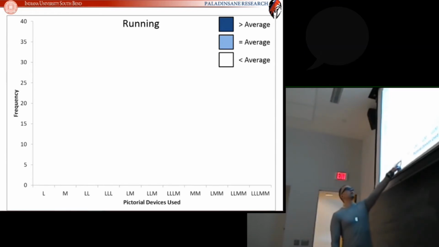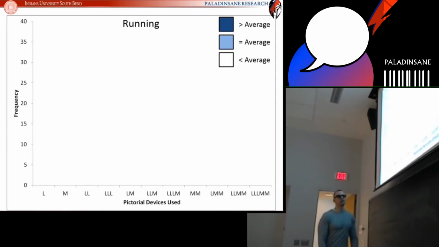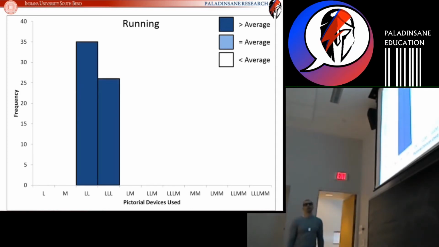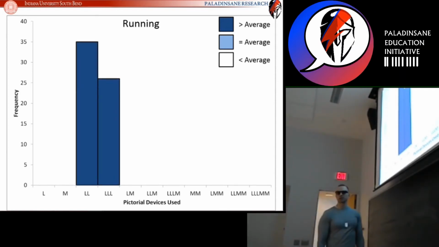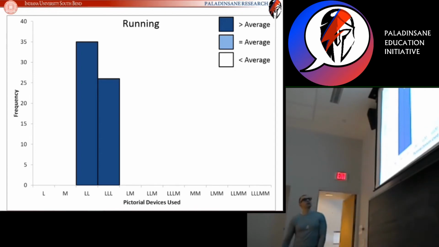What about the combination of 2 literal and 3 literal devices? Well, we have that many instances of those types of pictures. So what we did to indicate how much a device was used is we took every single picture that showed running and we computed what frequency we need in order to be significantly above average, what frequencies we need to be at an average amount, and then what frequencies we need to be significantly below average.